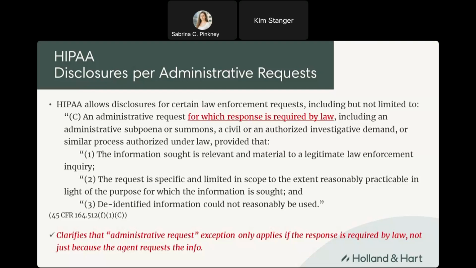There has to be some law that would require you to provide a response. So they clarified that in this new rule. So if you have people showing up, wanting that information and trying to rely on this administrative request, your response should be, well, show me the law that requires me to respond, because now in the wake of this new rule, I can only provide information in response to an administrative request if my response is required by law.